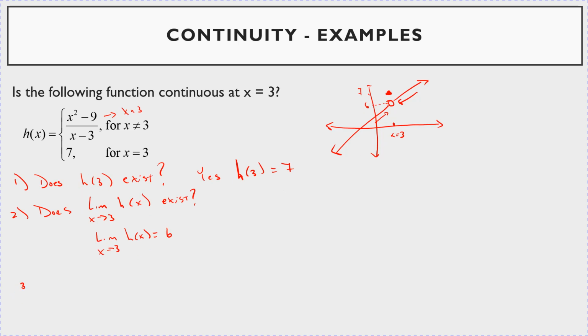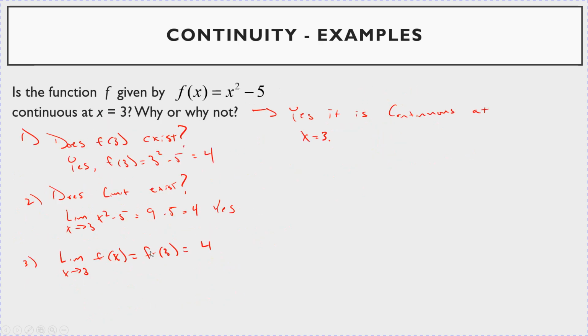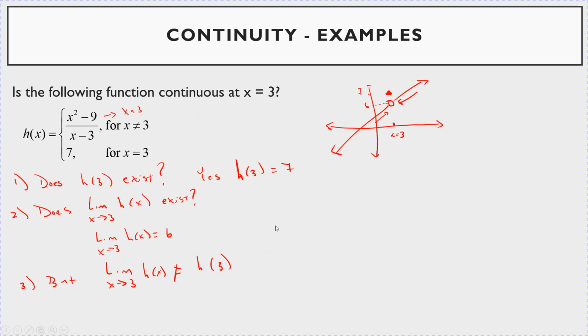But what we see is that the limit as x goes to 3 of h of x is not equal to h of 3. We needed to have, like we did before, that the limit is equal to just plugging it in, which is not the case here.